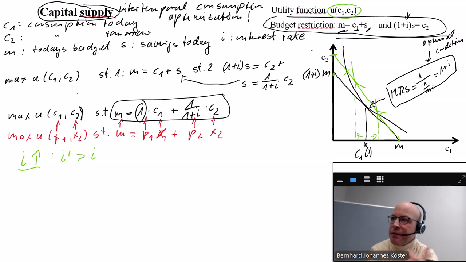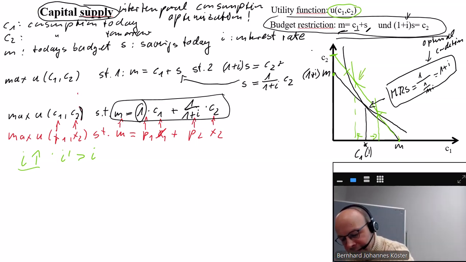Then, due to my preferences, the argumentation is that now it is more attractive, due to the substitution effect, due to a higher interest rate, to save more today. Because for every saved euro today, I earn more in the future, so I can relatively consume more in the future. And if this argumentation for me is larger, then I will move with my new optimum to the left.